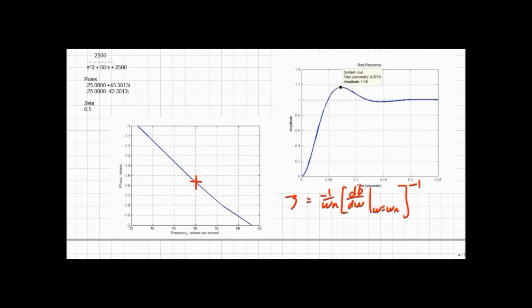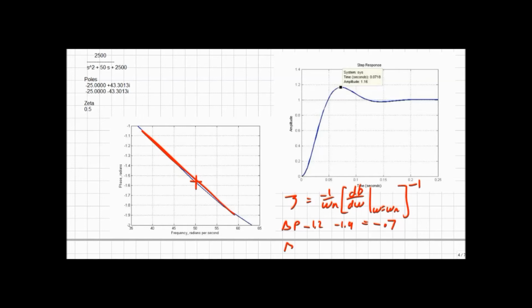When I draw a straight line through there as best I can and pick out some points, I come up with a delta phase of minus 1.2 to minus 1.9, which gives me a delta phase of minus 0.7.